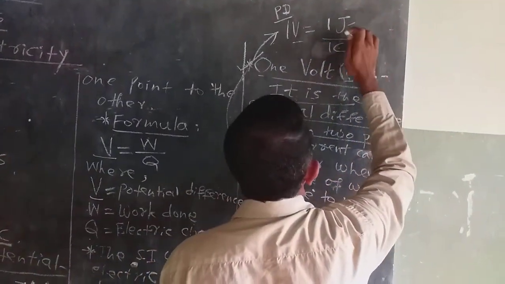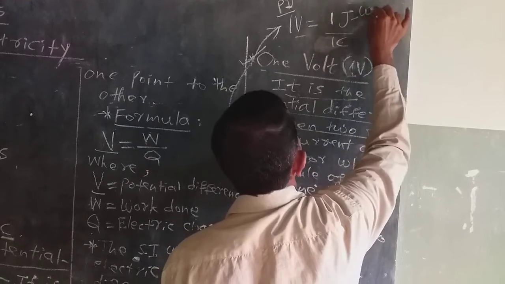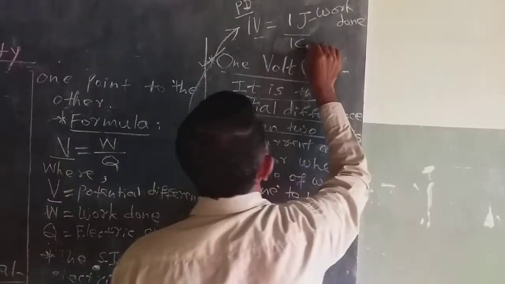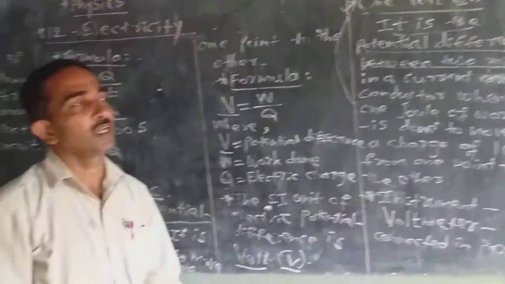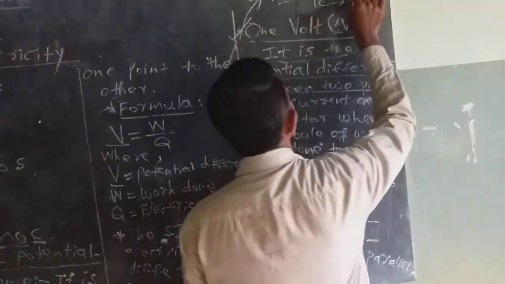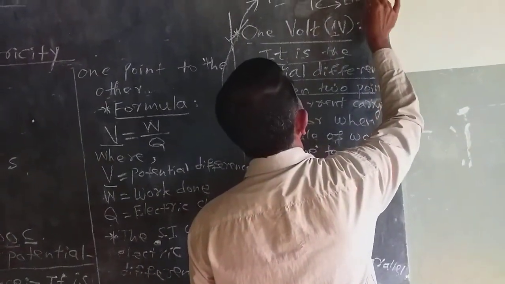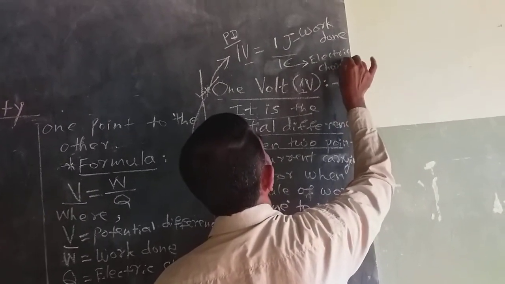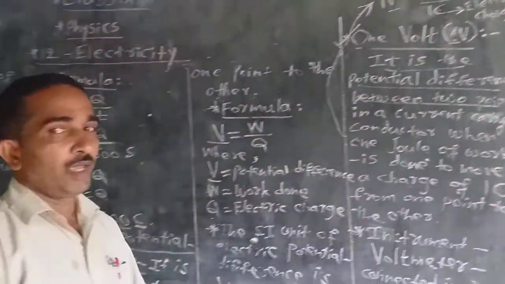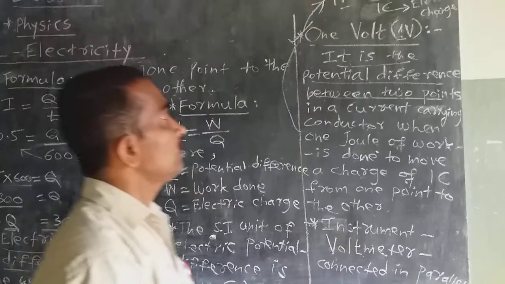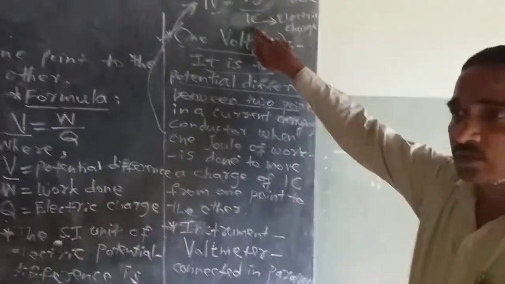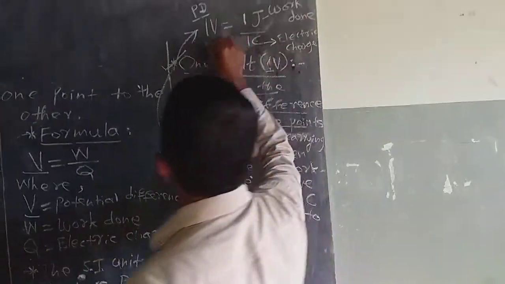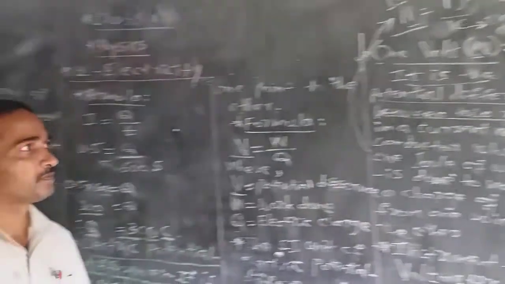J means joule, joule is the SI unit of work done. C means coulomb, coulomb is the SI unit of electric charge. It means when 1 joule of work is done to move 1 coulomb of charge from one point to the other, then the potential difference is said to be 1 volt.